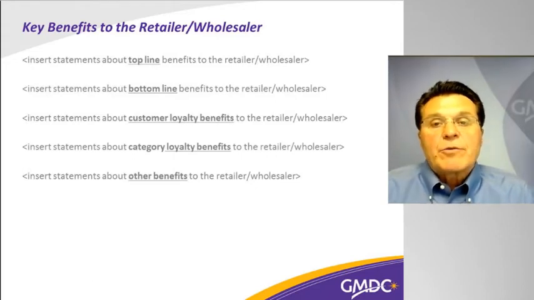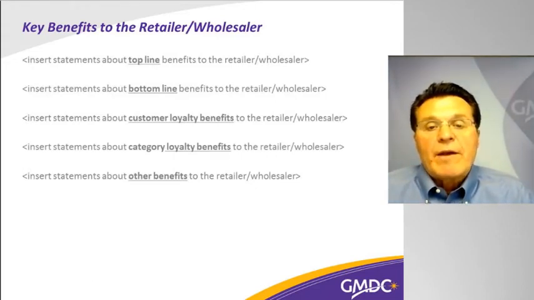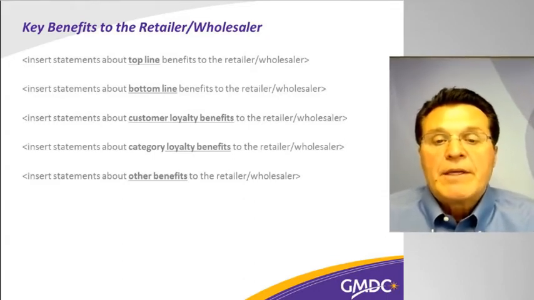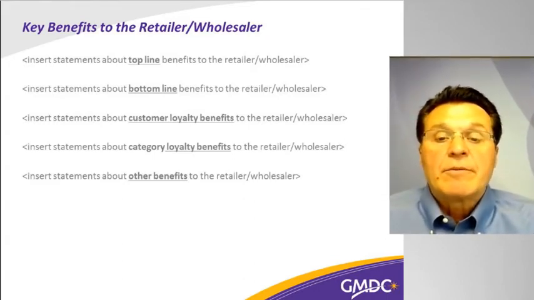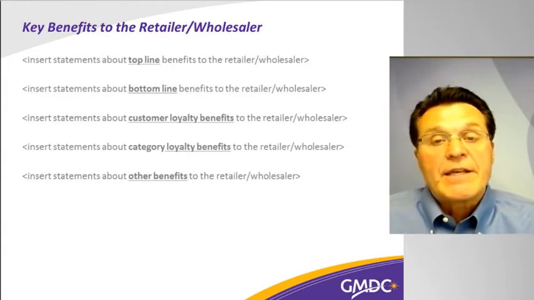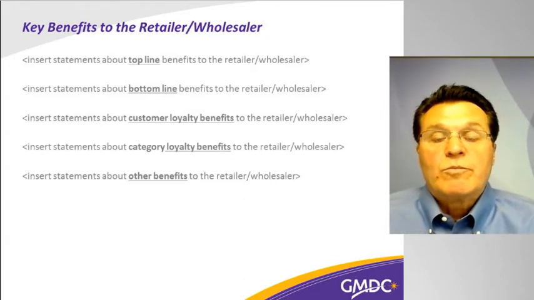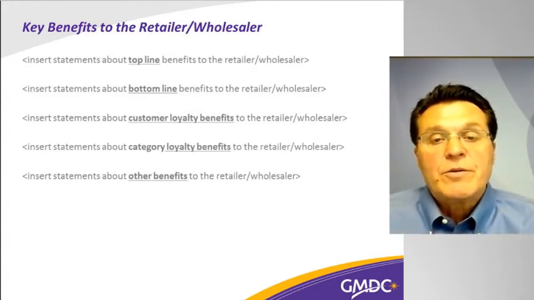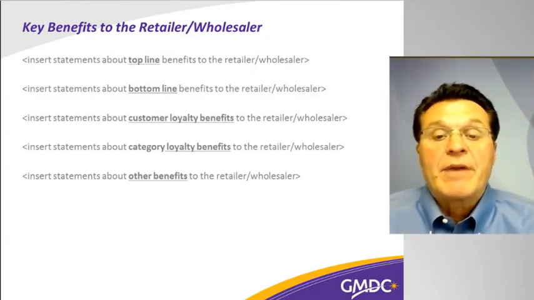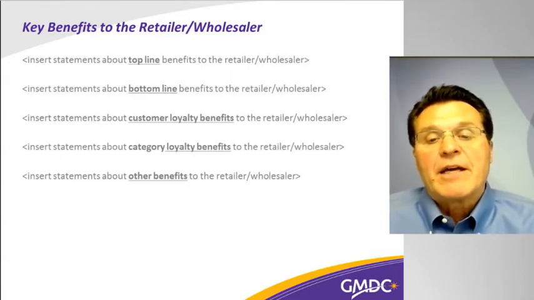And then finally, just to recap for that retailer, what are going to be the key benefits of your product to them? What are the top line benefits to them from a sales standpoint? What is the bottom line, margin? The retailer is going to want to buy this product to sell it to make money. So what are their bottom line benefits?